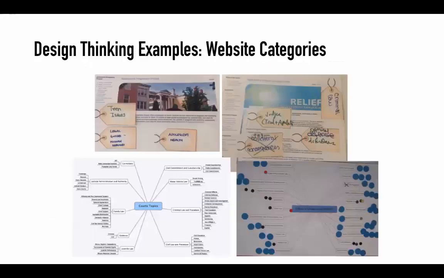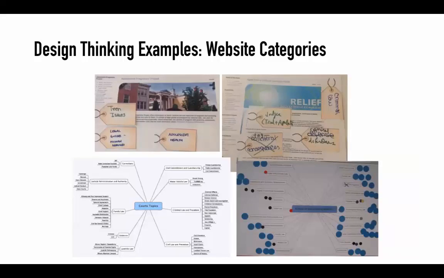Let me give you a few examples of how I've used design thinking in the past. One of these is, for instance, coming up with a new categorization scheme for our website. So we wanted to be able to categorize and archive and make it easier to find our content, but we needed to come up with basically a taxonomy. And I used several techniques.